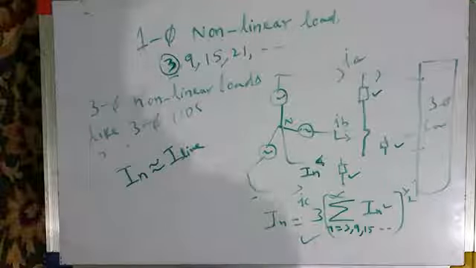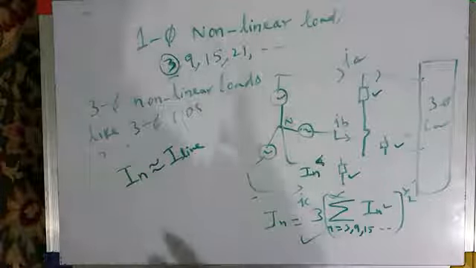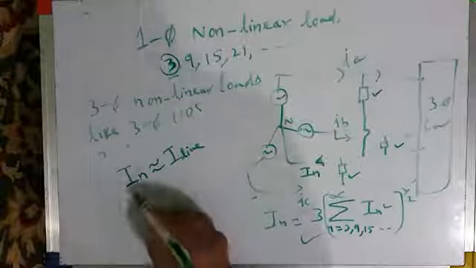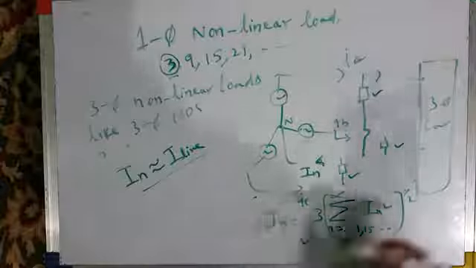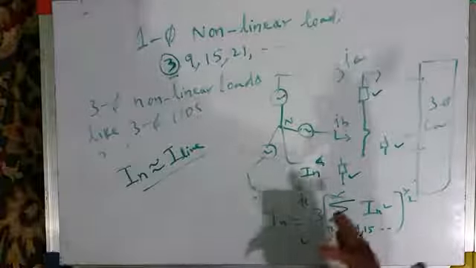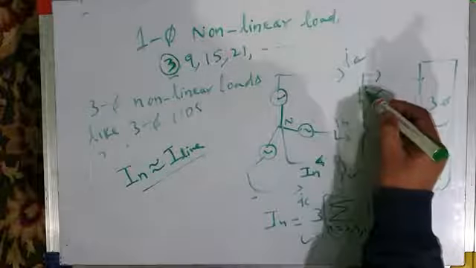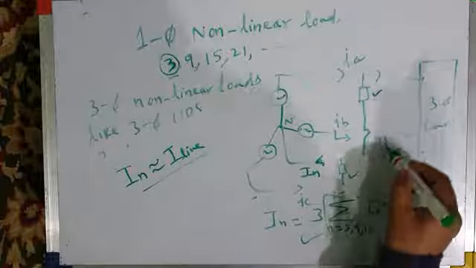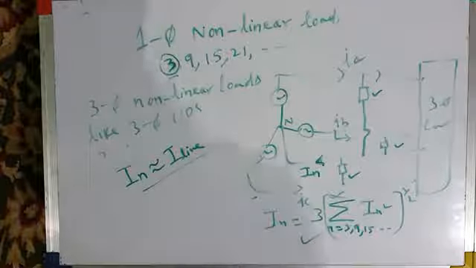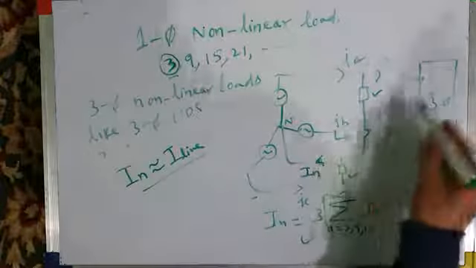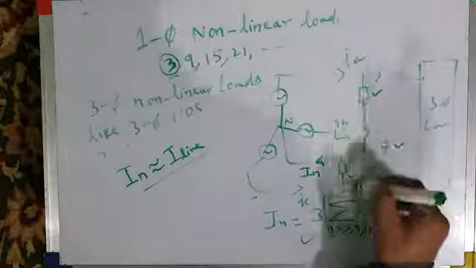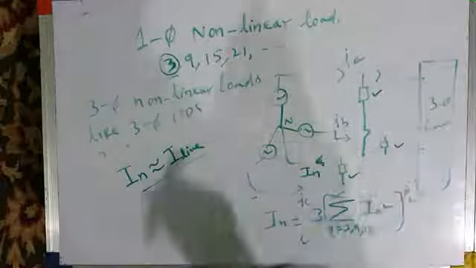And our homes and our offices and our commercial establishments are flooded with these single-phase non-linear loads, and they cause strong neutral current even if your system is balanced. You have put, say, 100 kilowatt on line A, 100 kilowatt on line B, 100 kilowatt on line C. So you expect that since the three-phase load is balanced, and single-phase loads are also uniformly distributed, there should be no neutral current.